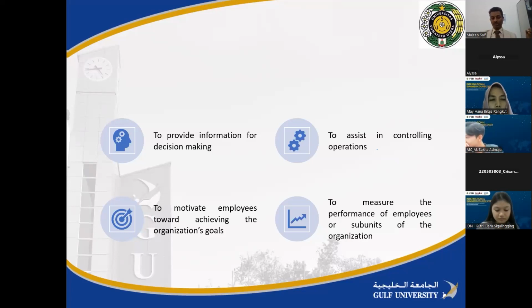So we should investigate whether the difference is positive. All right. Also, another objective is to motivate employees toward achieving the organization's goal. We will provide some tools to motivate the managers.